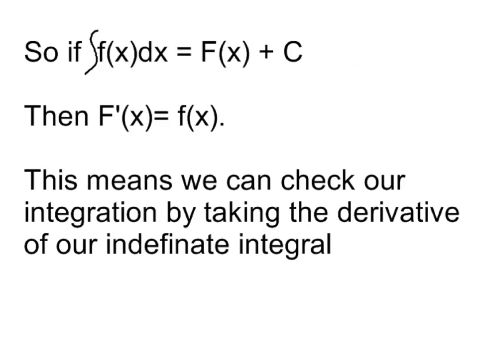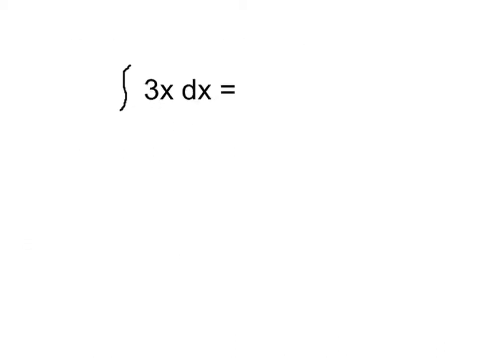So if the integral of little f of x is equal to big F of x plus c, then the derivative of big F of x is equal to little f of x. This means that we can check our work by taking the derivative of our indefinite integral. So if we wanted to find the integral of 3x, I would say I took the derivative of something and got 3x.